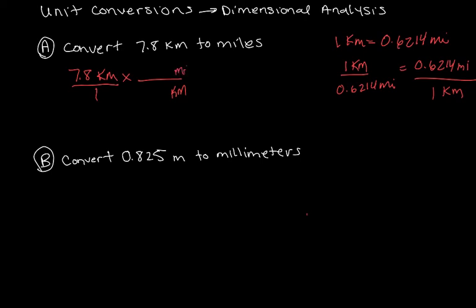Now, we simply write our conversion. We say for every 1 kilometer, there is 0.6214 miles. Now you see the kilometers cancel out because one is in the numerator and one is in the denominator, and then we simply plug this into our calculator.